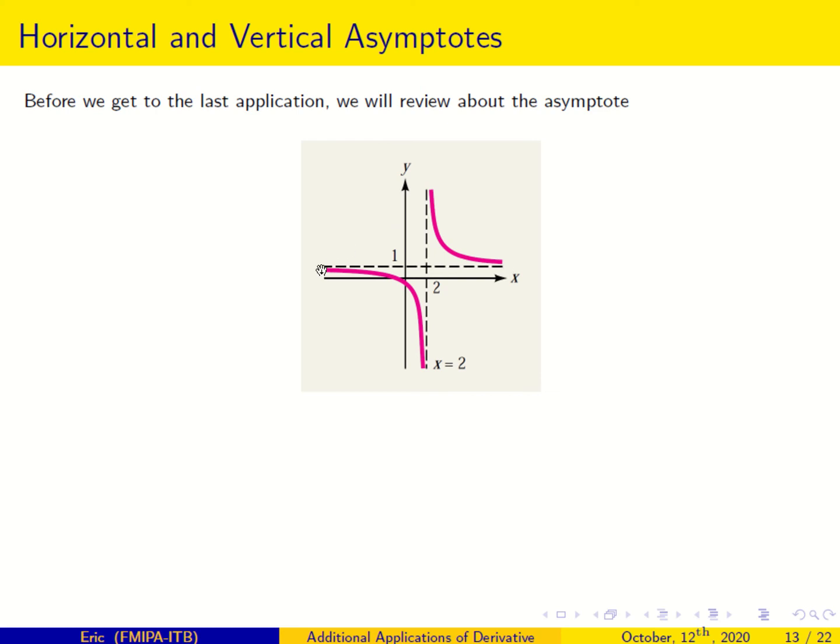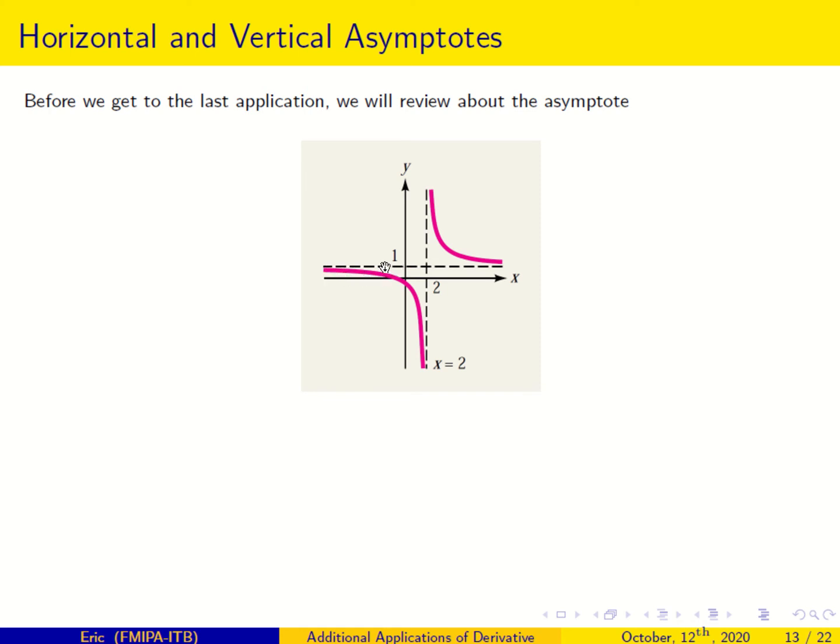This is what we usually call the horizontal asymptote. As x goes to minus infinity, when x gets smaller and smaller, it will go to some height, that is 1.